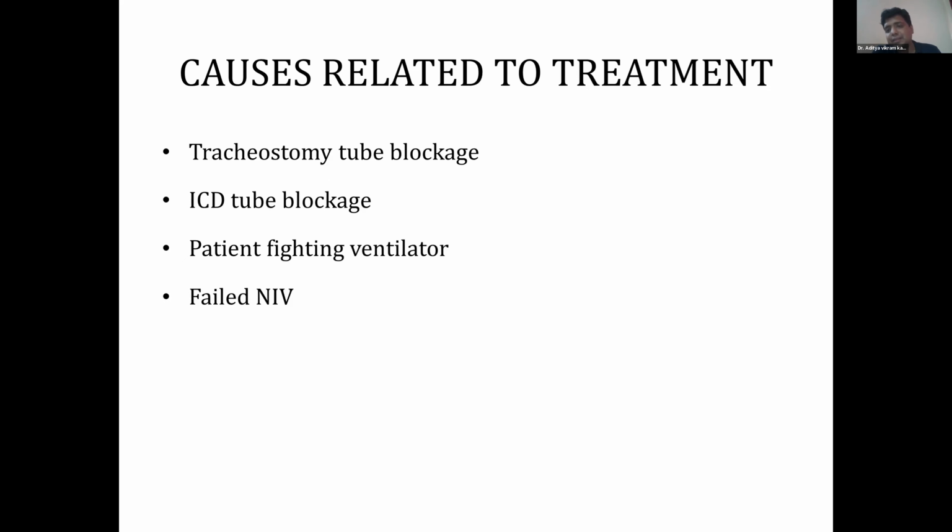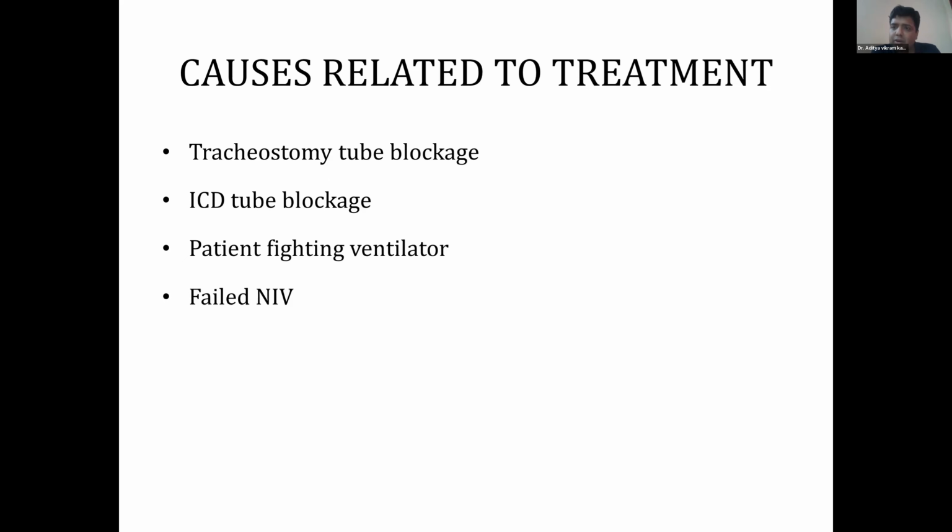So the basic idea of the lecture today is to give you an open view of what the simple causes are, not something really abnormal or rare, where I say there is a patent foramen ovale, then the patient has developed a shunt, Eisenmengerization has happened, now he has developed difficulty in breathing. It's a very rare cause.